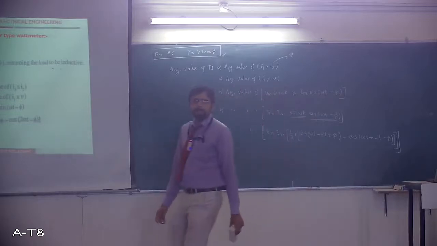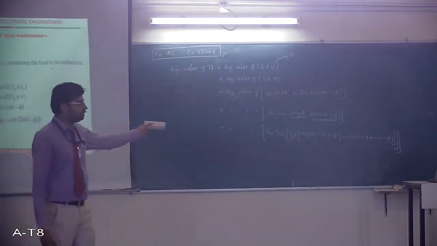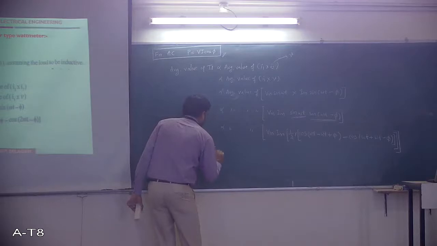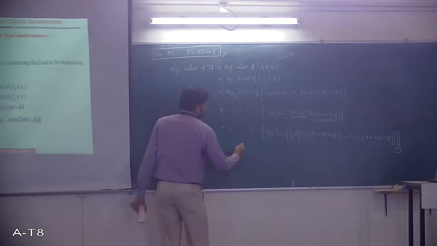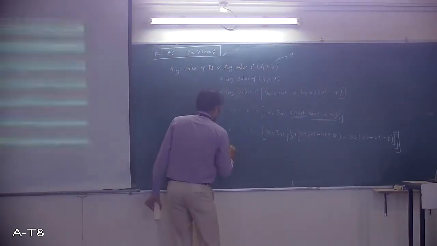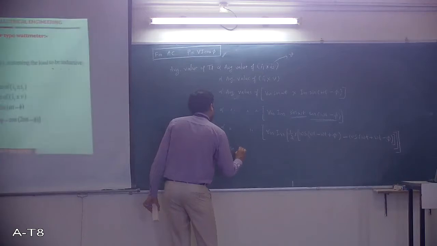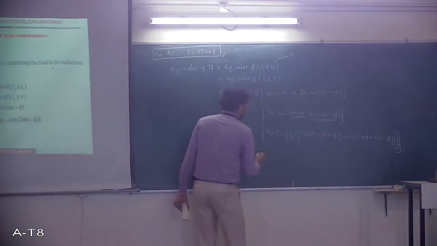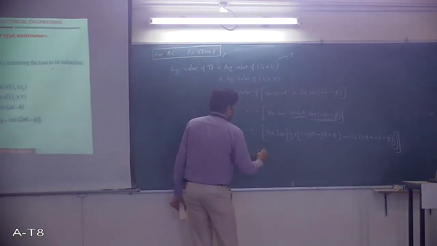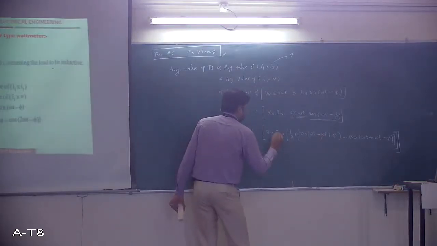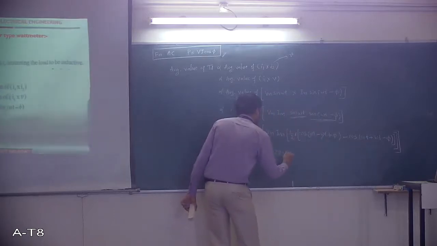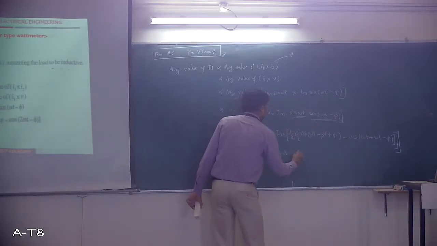Is that clear how I am doing this? If you simplify this further, your deflection torque TD is proportional to Vm Im divided by 2 into cos phi minus cos of (2 omega t minus phi), since the cos omega t terms cancel.